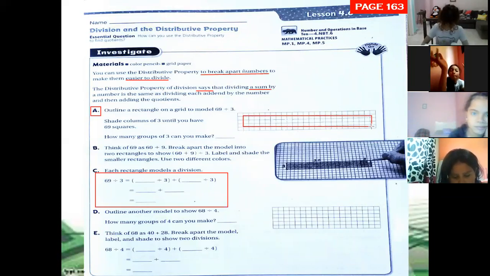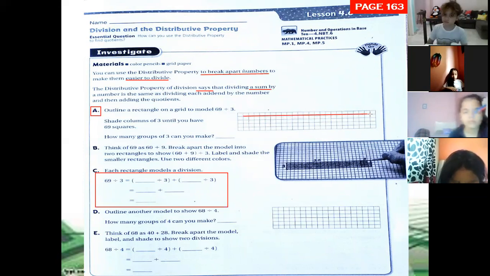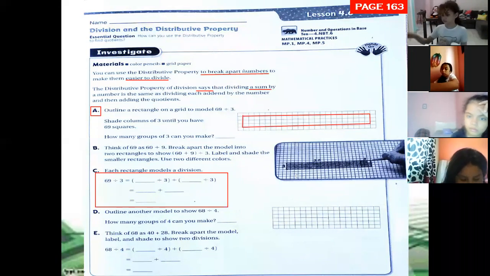So make the rectangle the same as I am doing it. You start here. You're going to make like a frame around that rectangle, like that. Do it, please.